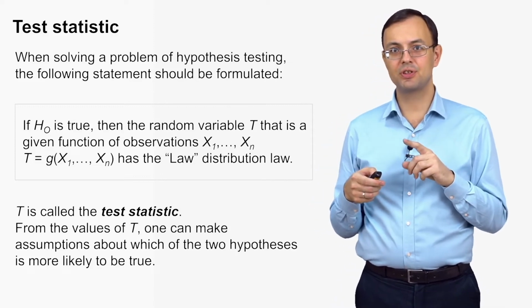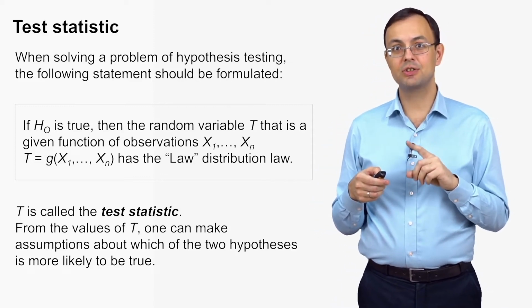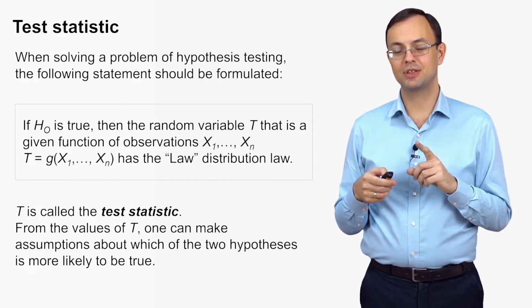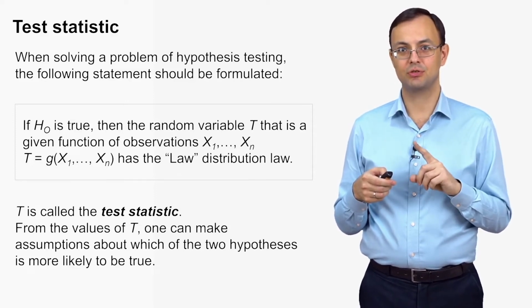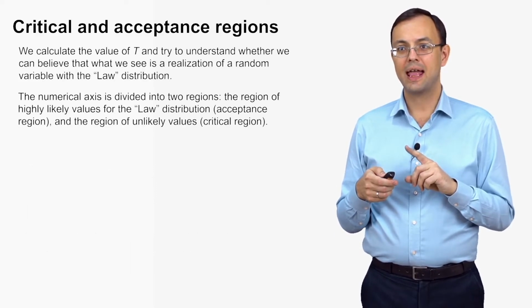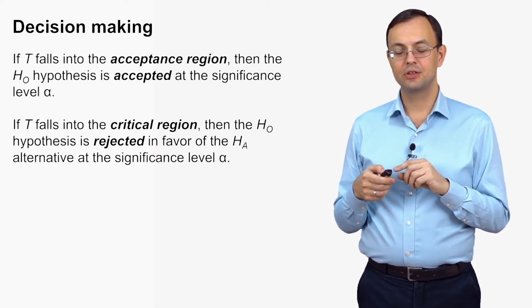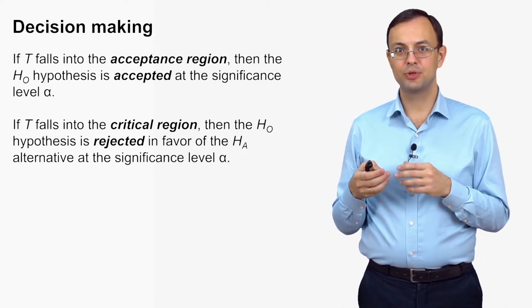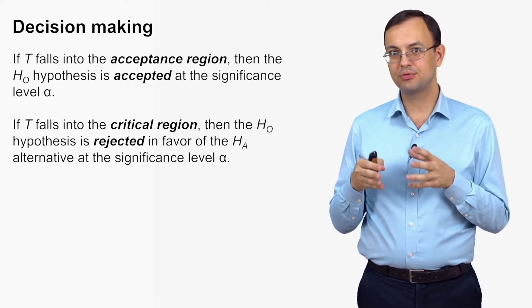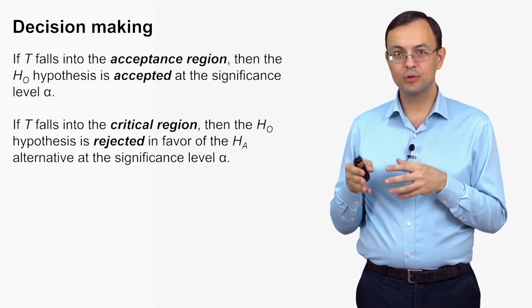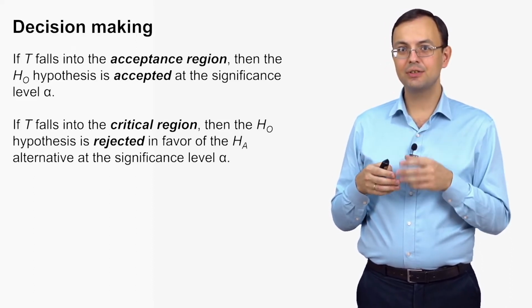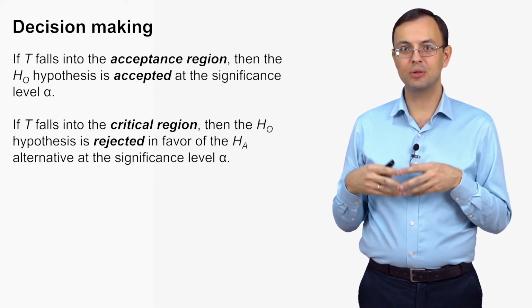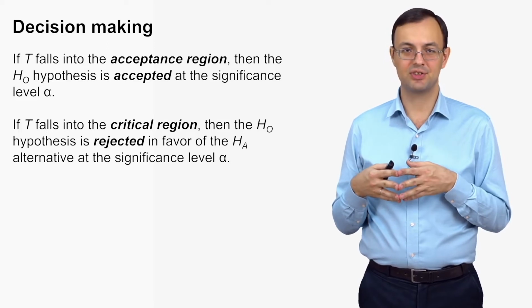This proposition is the necessary condition of H0 being true. Not a sufficient condition, but a necessary condition of H0 being true. And now you are using this necessary condition as a sufficient one. You were told that if H0 is true, then T follows the law distribution, and here you say, if I believe that T follows the law distribution, I will also accept the null hypothesis.